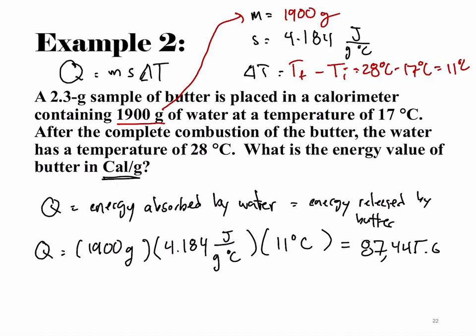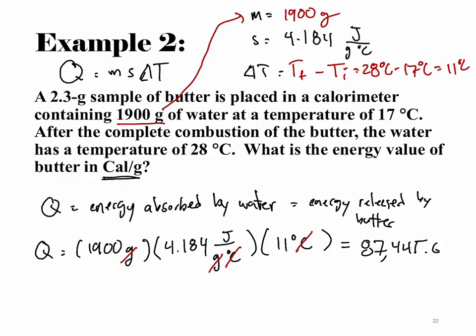What are the only units that are left over when we multiply all these? Joules, right? Because degrees Celsius cancel out, grams cancel out, and we're left with units of joules, which is units of energy, which makes sense, because heat should be in units of energy.